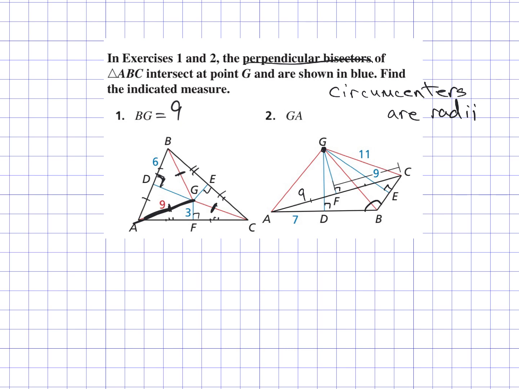So those two are the same, these two are the same, and these two are the same. GA is a radius. Remember, the circumcenter is also a radius. So GA and GB and GC are all radii in the circle. So if GC is 11, then GA is 11.